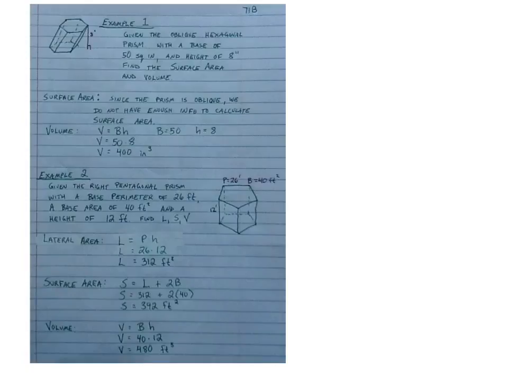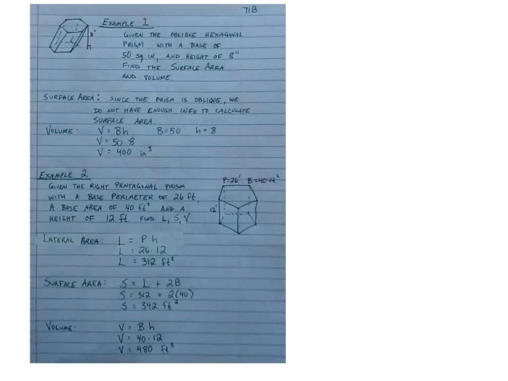In fact, it's pretty complex because you have lots of different angles at play, so we don't bother calculating surface area for oblique prisms. We can, however, calculate the volume. Volume is base times height, and they give us a base of 50 and a height of 8, so we plug those values in and we get a volume of 400 inches cubed.